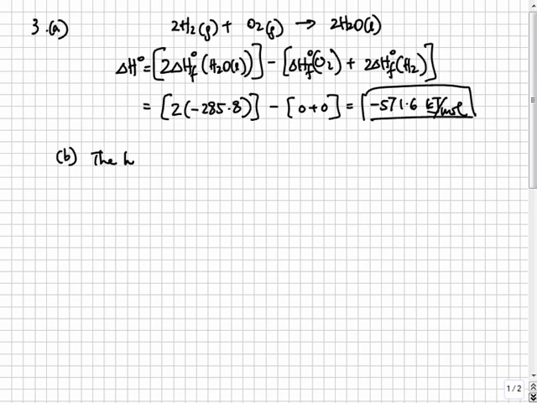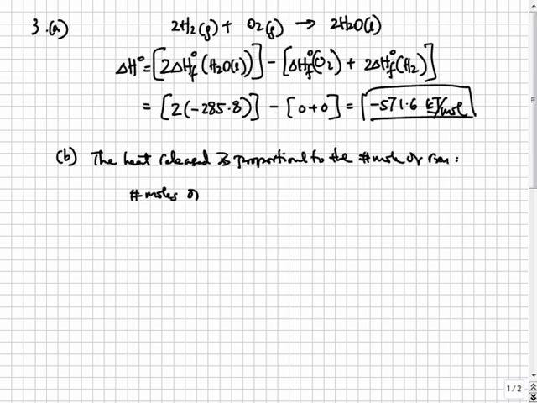The amount of heat released is proportional to the number of moles of reaction that has taken place. And to calculate that, we can use the number of moles of H2. We know that there are 10 grams of H2 that is being used, and dividing that by the molar mass of H2, which is 2.016 grams per mole, we get 4.96 moles of H2 has been consumed.